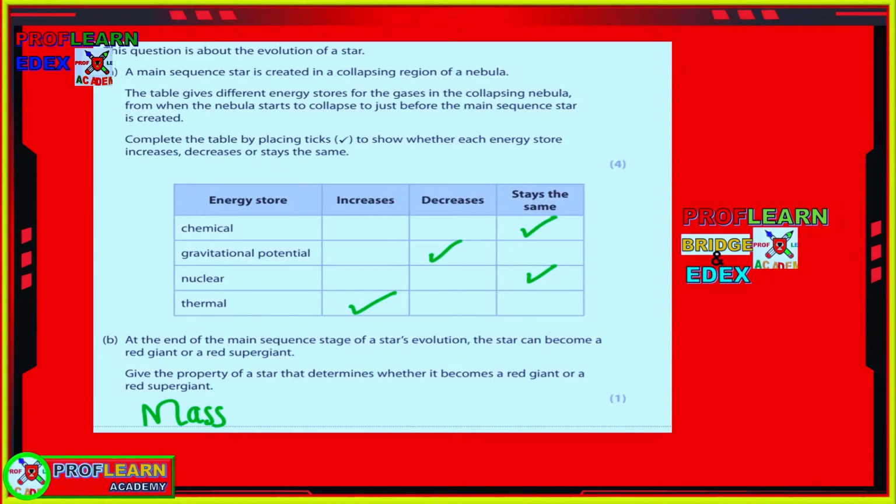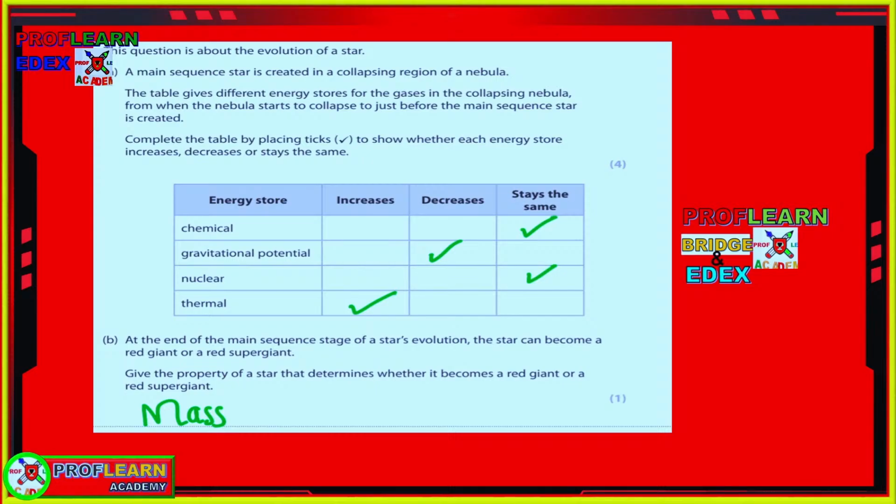So complete the table by placing a tick to show whether they increase or decrease. For chemical energy, we're going to see a decrease, and then for nuclear energy, thermal energy increases.